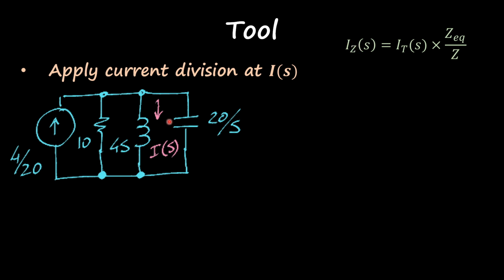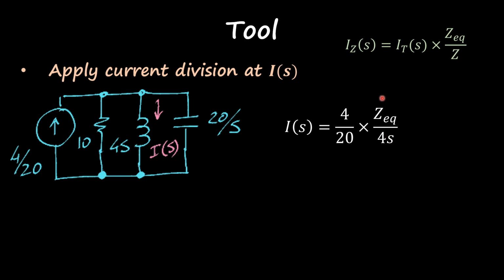All right, so let's plug that in here. So my I of S, which is my current of interest, is equal to my total current, which is 4 over 20, times my total impedance divided by the impedance of interest, in this case 4S.